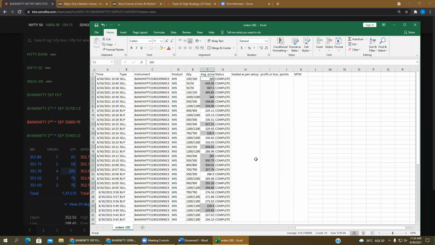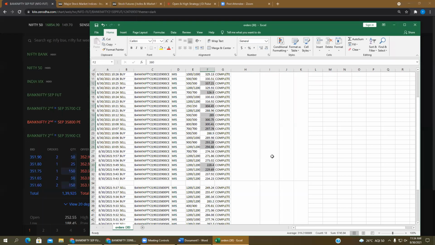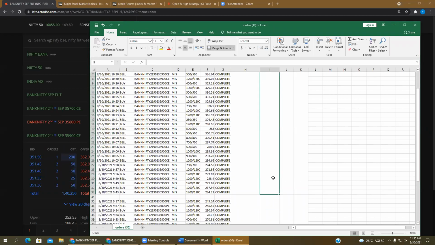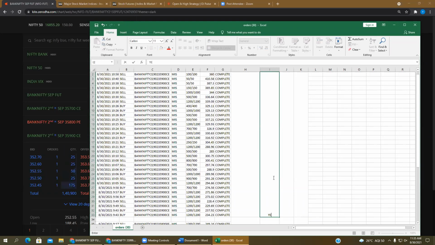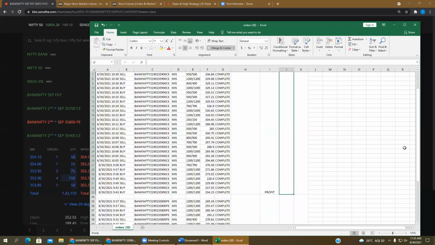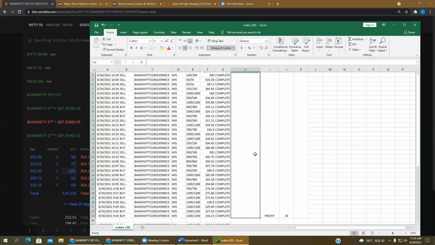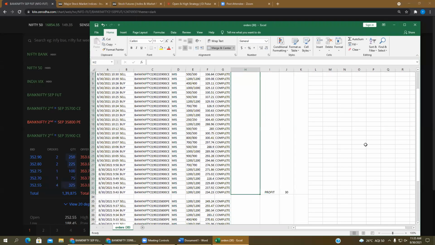Sell average is 319. So I made 30 points on this trade. So profit or loss? Yes, profit. Then points, 30 points. And trade as per setup? Yes.